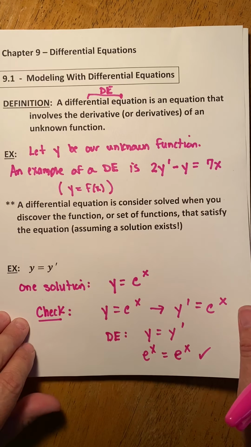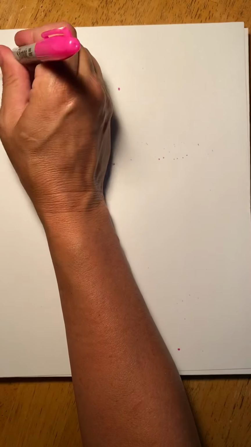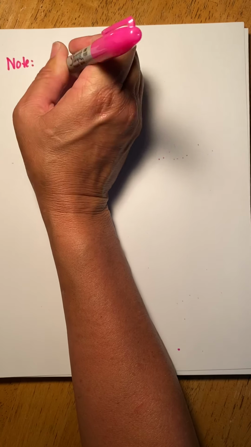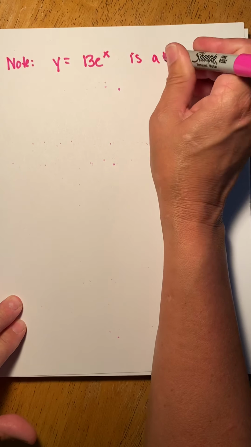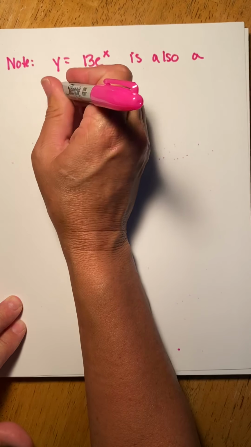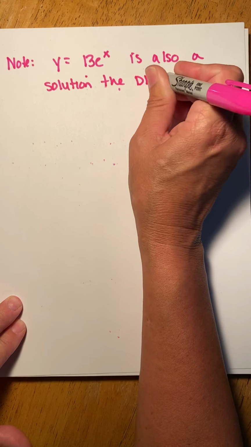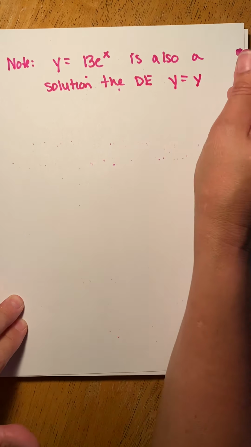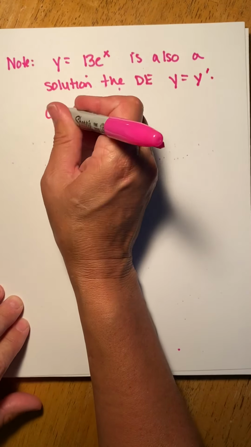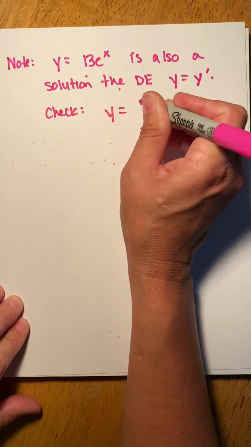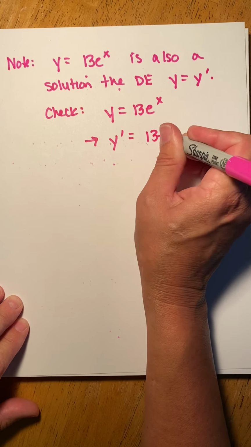But notice something interesting. This is not the only solution to this equation. Note, y equals 13e to the x is also a solution to the differential equation y equals y prime. Just want to make sure I put it in the right order. All right, so check. If y equals 13e to the x, then y prime is equal to itself.